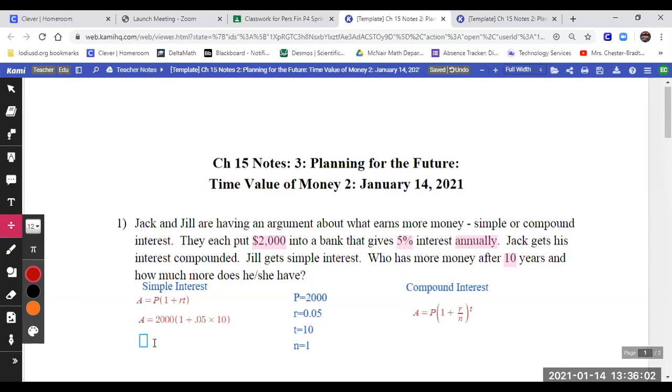The first thing we have to figure out is what is 0.05 times 10?